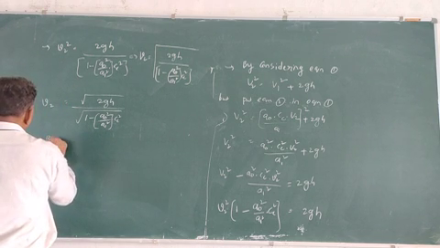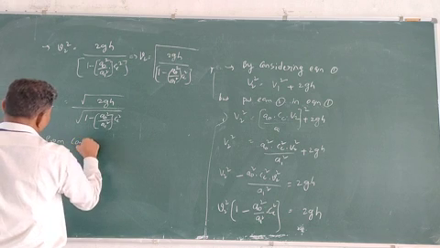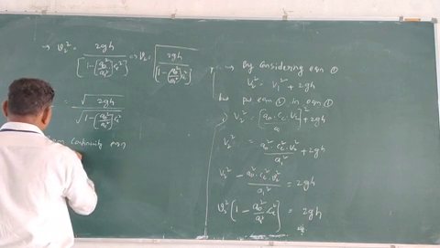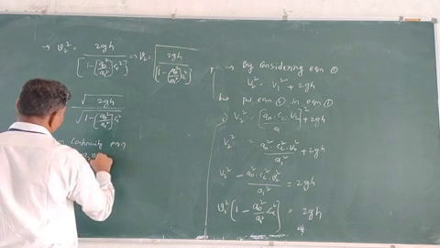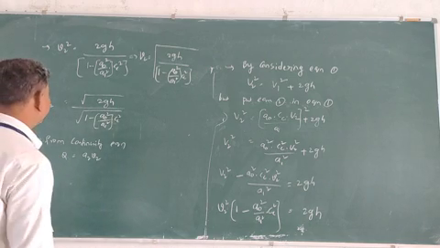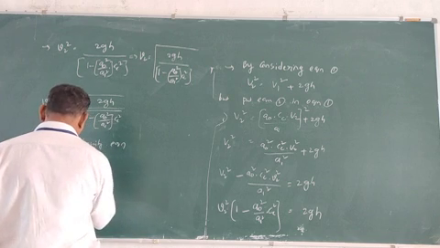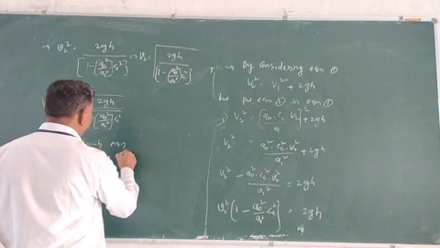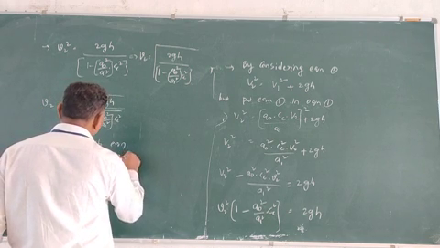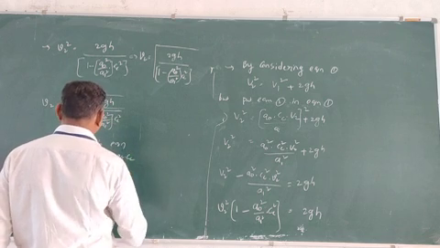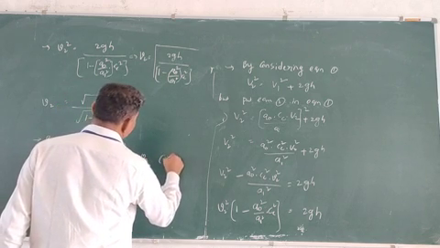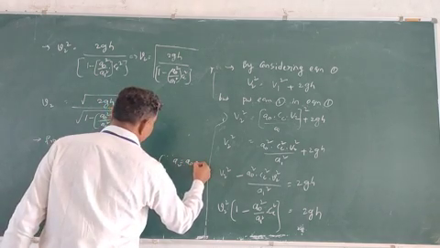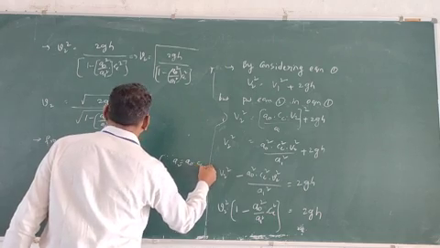So from the continuity equation, Q is equal to A2 V2, we can consider. A2 is nothing but A naught into CC, since A2 is equal to A naught into CC.